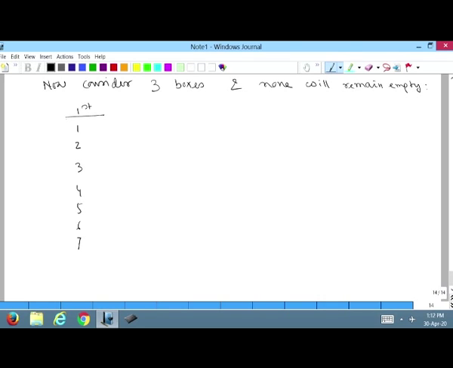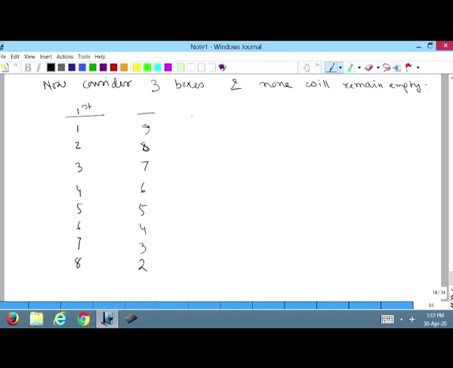Can we have more than 7 there? Yes, we can have 8 also. We can have 8 there, and then the remaining 2 we can put 1, 1. So, there are 8 possibilities for the first box. How many balls are remaining? The remaining numbers of balls are 9, 8, 7, 6, 5, 4, 3, 2.